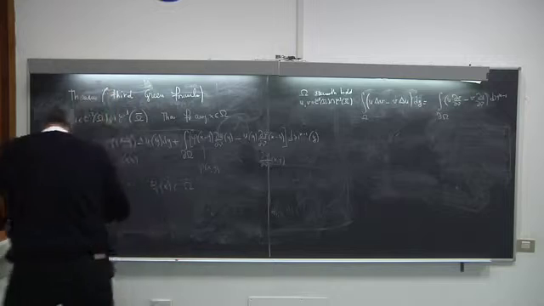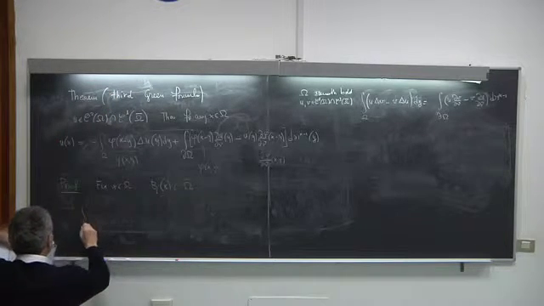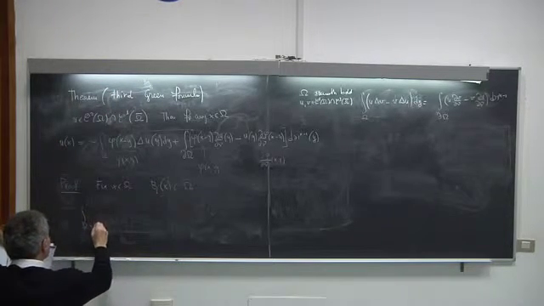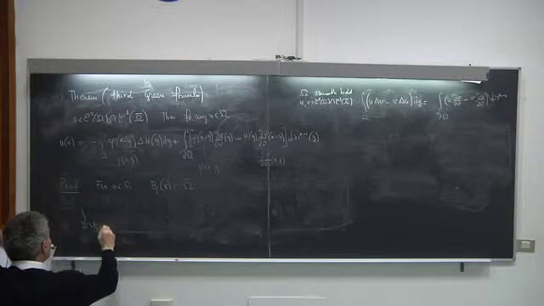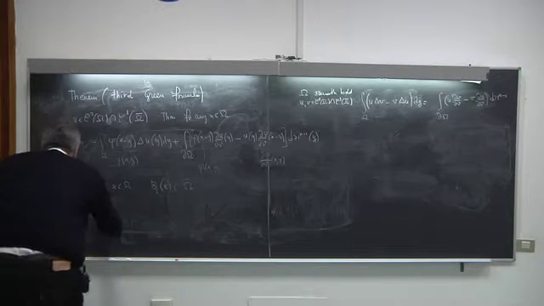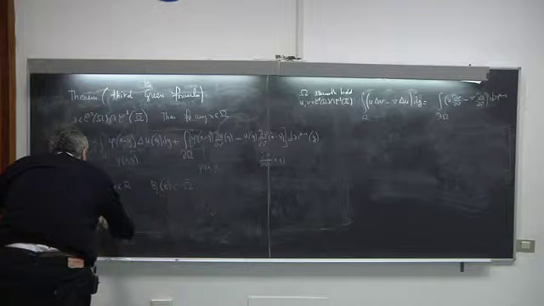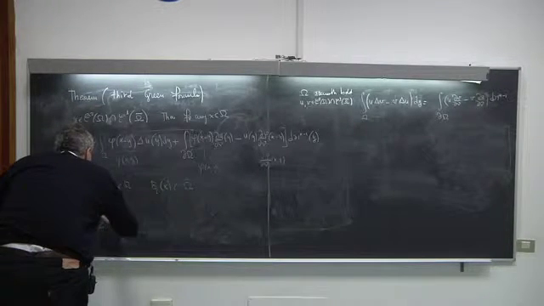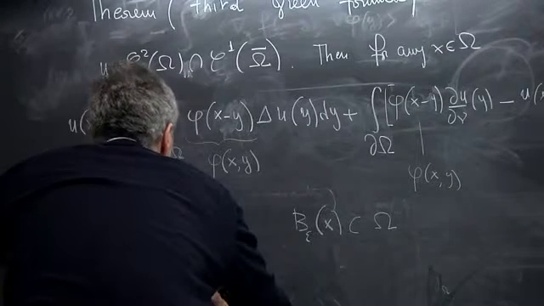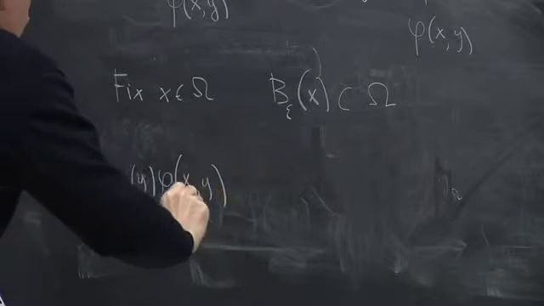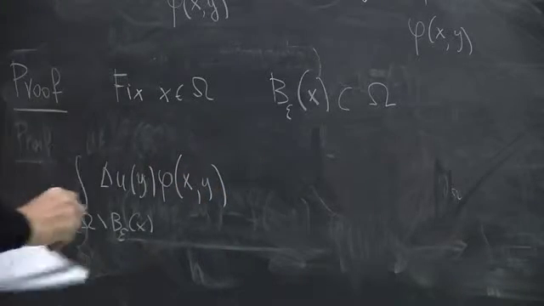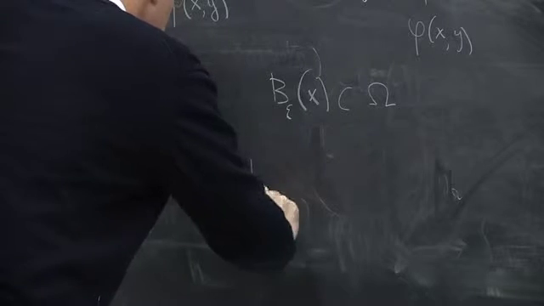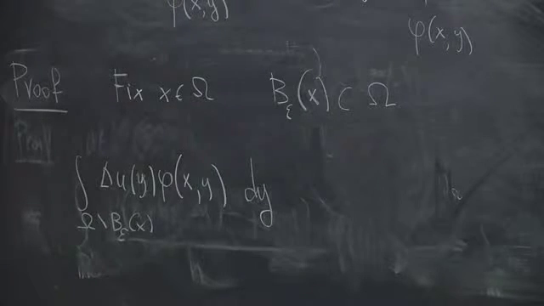So we integrate over omega minus B epsilon x, the Laplace of u, times phi of x and y. We compute this quantity. So let us compute this quantity here.